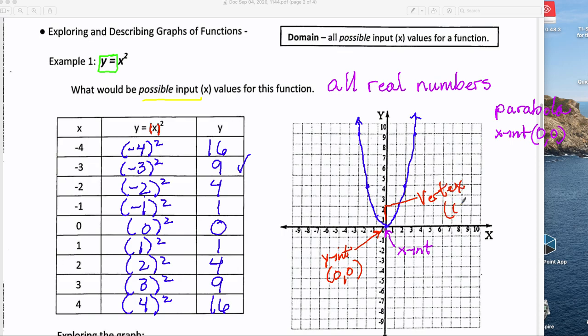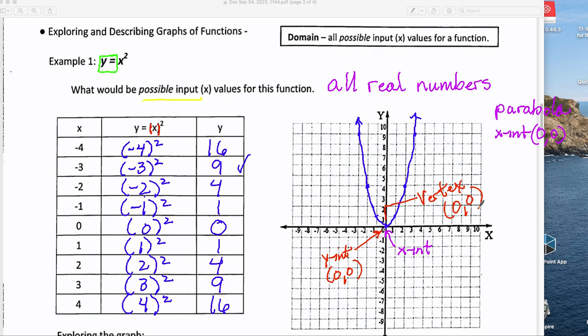And that vertex is (0, 0). So the fact that these are all exactly the same ordered pair is not an issue. The x-intercept, the y-intercept, and the vertex are all (0, 0), but they all meet the requirements for their definition. X-intercept crosses the x-axis, y-intercept crosses the y-axis, and the vertex is the highest or lowest point on the graph.